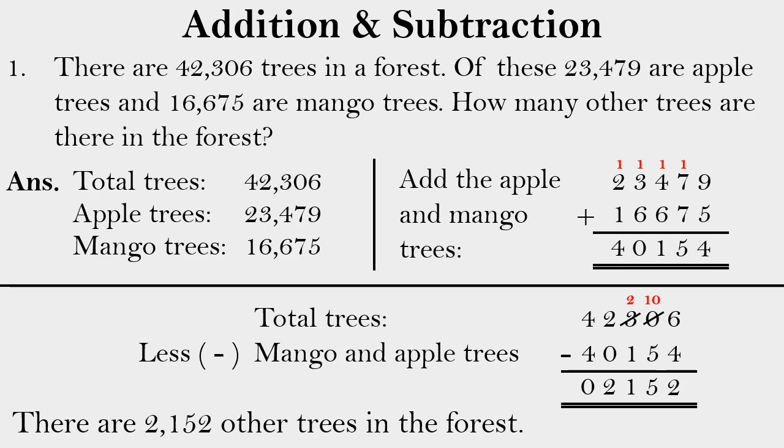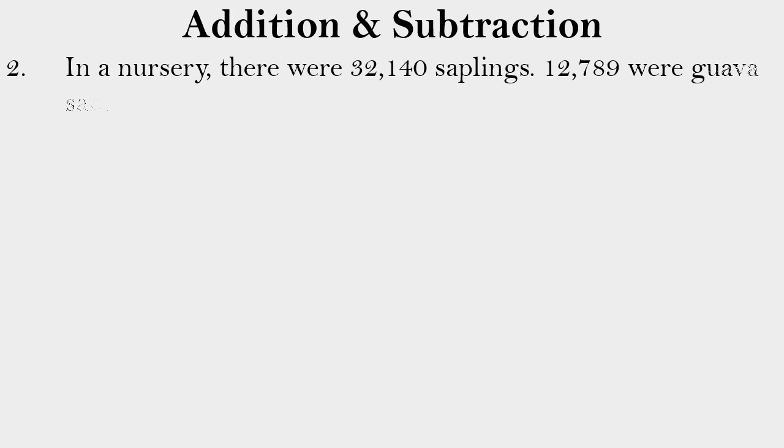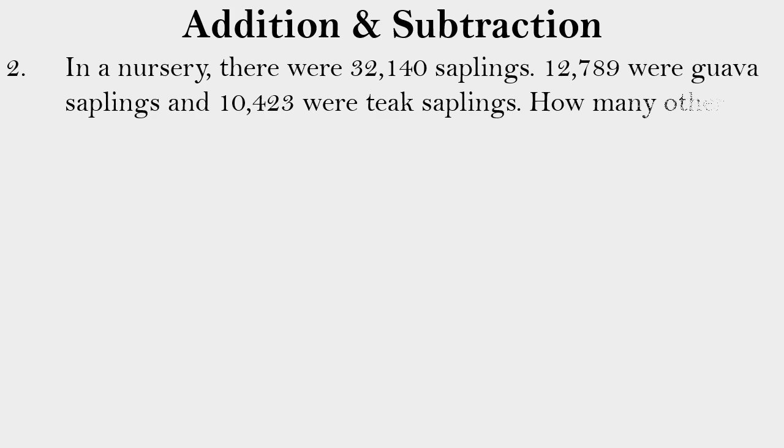Let's take another example. A very similar example. In a nursery, there were 32,140 saplings. Now what is a nursery? It's not like your KG class or your pre-KG. A nursery is a place where you get all plants, where they sell plants and all. That's a nursery. There were 32,140 saplings.